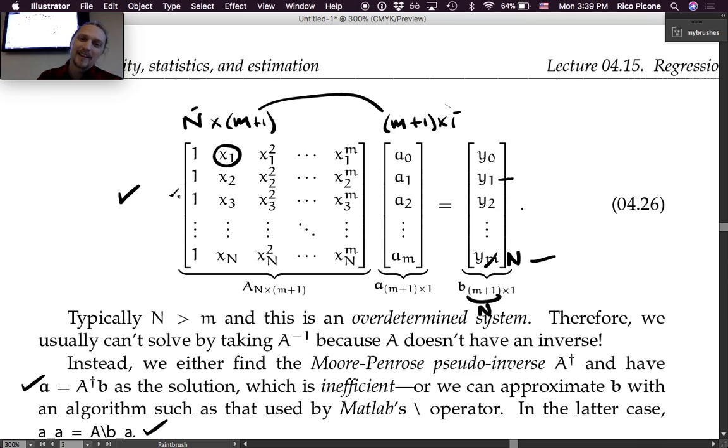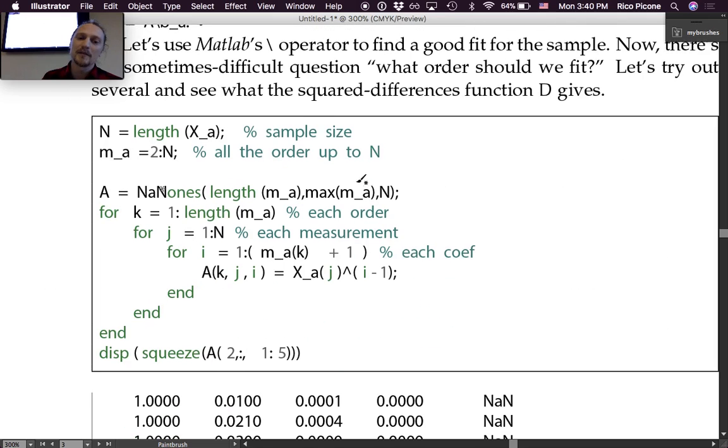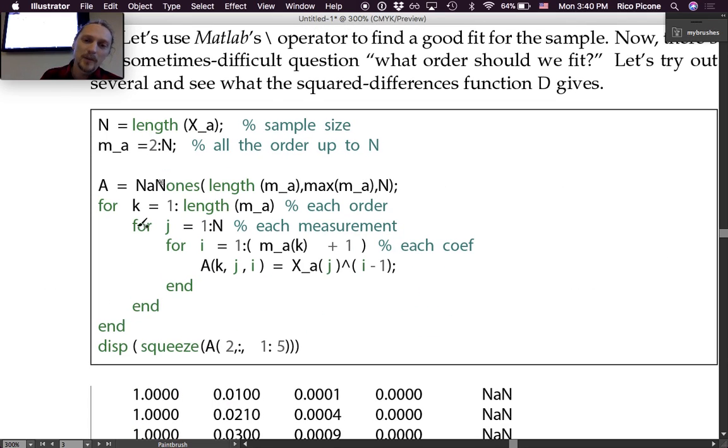We have to construct this matrix from our data. So we put our first point in, 1, then 10 millimeters, 10 millimeters squared, and then the next row is 1, then 20 millimeters, 20 millimeters squared, up to the nth power, etc. So this inner loop is doing that matrix.